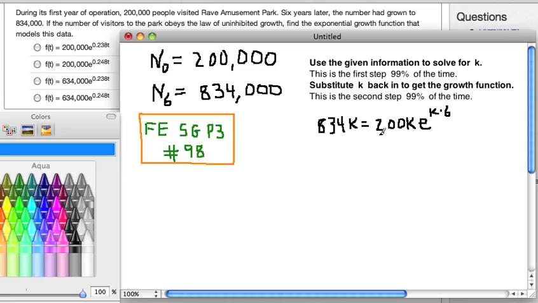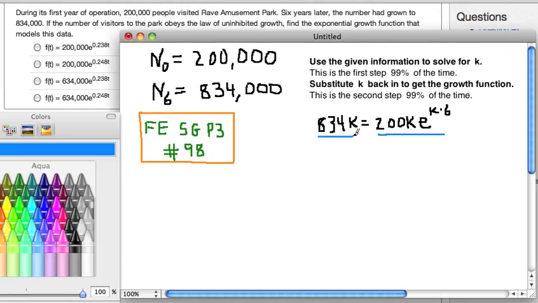And then in solving the equation, I'm just going to divide both sides by 200,000. That's what that k is for, shorthand for 1,000. And when you divide both sides by 200,000, you get e to the 6k.